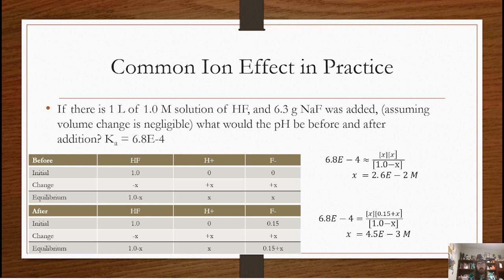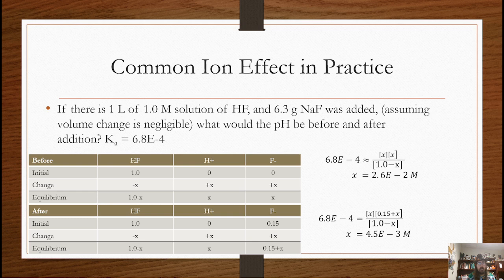So our equation is no longer 1.0 minus X with X and X on top. It's now 0.15 plus X times X. A little bit more complicated to solve. We could still solve quadratically. But what we get is, instead, 4.5 times 10 to the negative third. And that would give us a pH of 2.34.